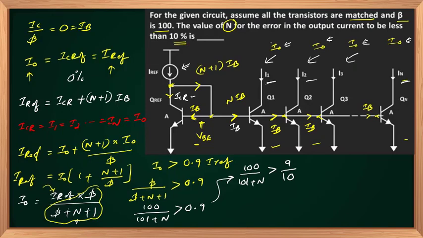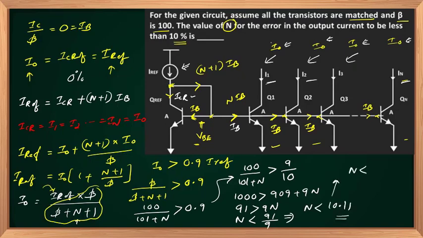That implies 1000 is greater than 909 plus 9n, which implies 91 is greater than 9n, so n should be less than 91 upon 9, which is about 10.1. Bounding it to 10, n is less than 10, so the largest number that is less than 10 is n equal to 9. So you can connect up to 1, 2, 3, 4, up to 9 output stages.